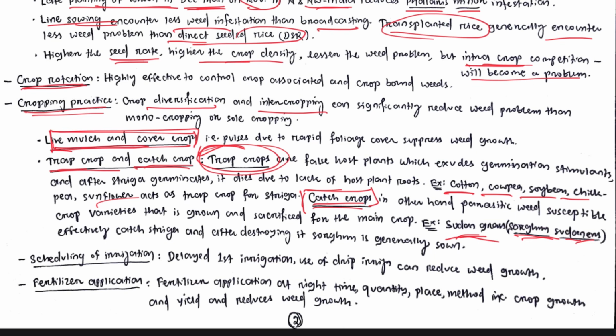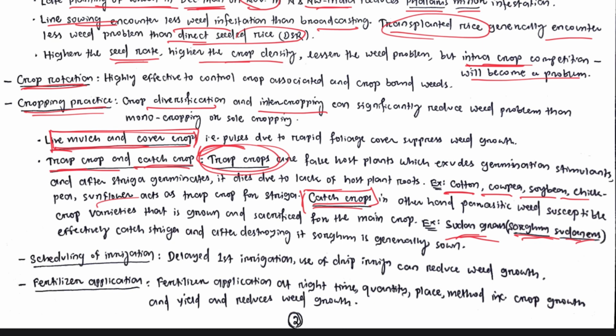And after it attacks, we remove the weed as well as the low value crop from our field. So we are minimizing the weed flora in the field itself, because we are trying to exhaust the weeds from the weed seed bank. Basically the catch crops are sacrificed because we remove those crops, but trap crops we do not need to remove.